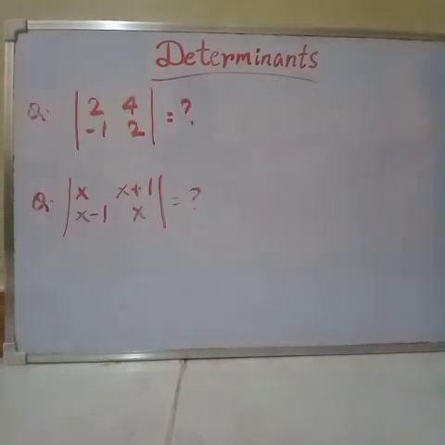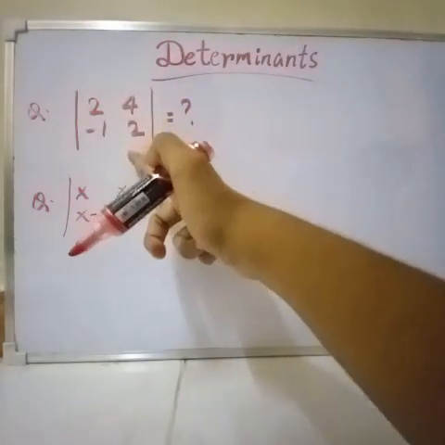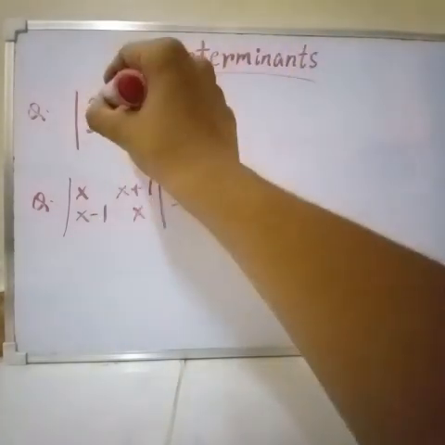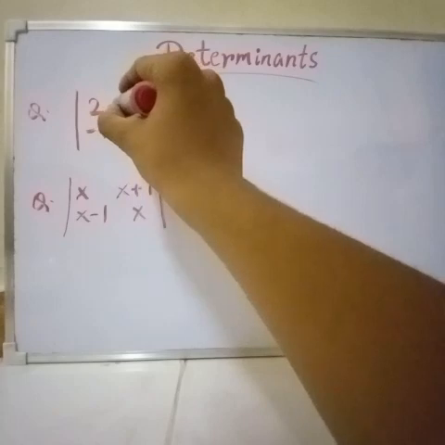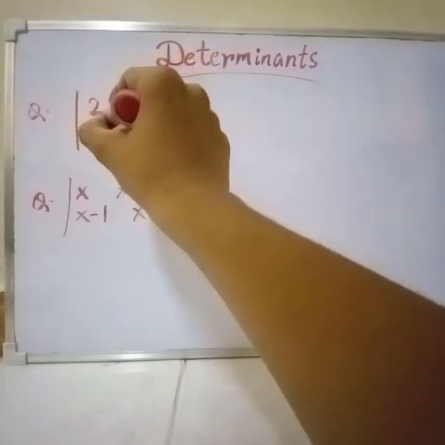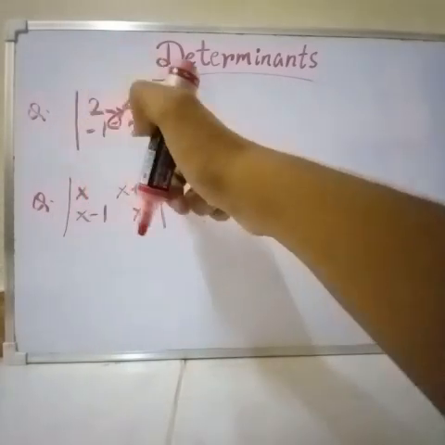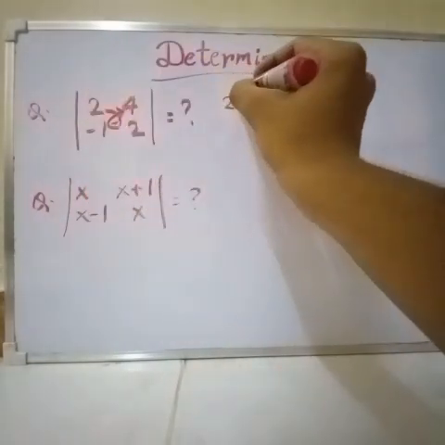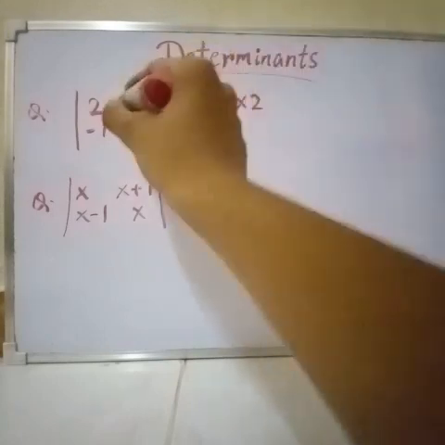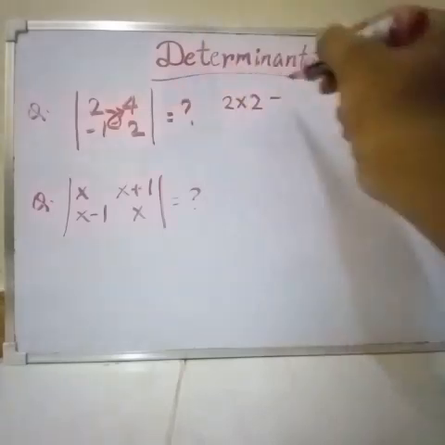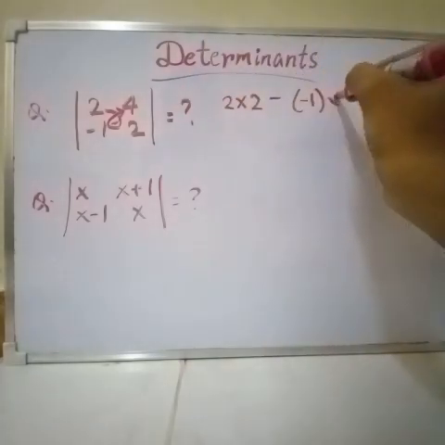So let's do some questions related to the determinant of a 2 by 2 order. First question, we have this matrix and we have to find the determinant. First we do it in this order, with a negative symbol in between. So first element with the fourth element, the primary diagonal, 2 times 2, minus, minus 1 times 4.